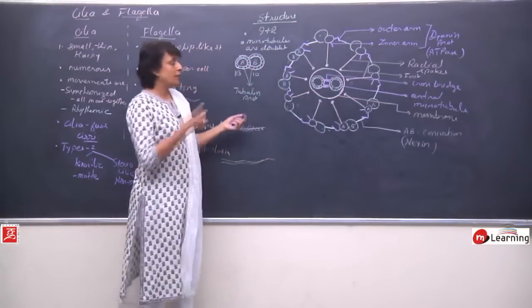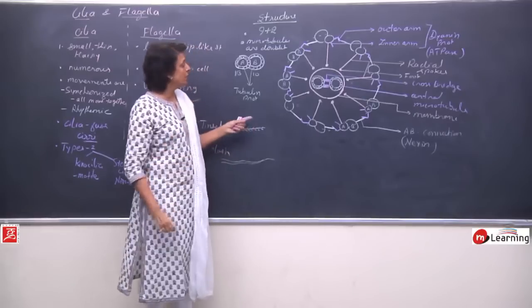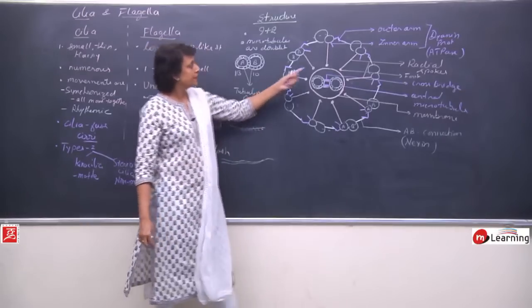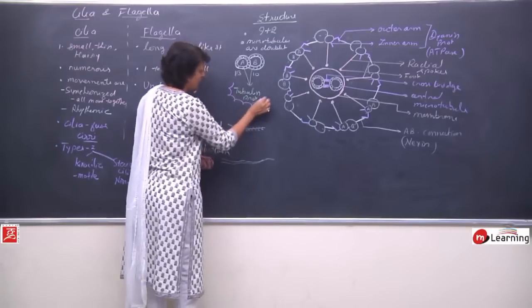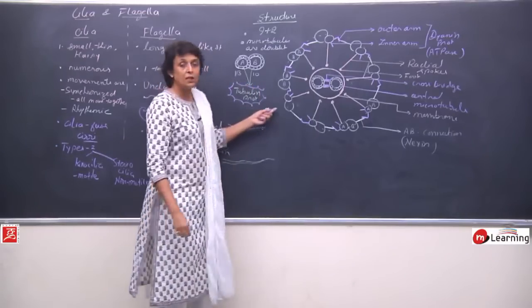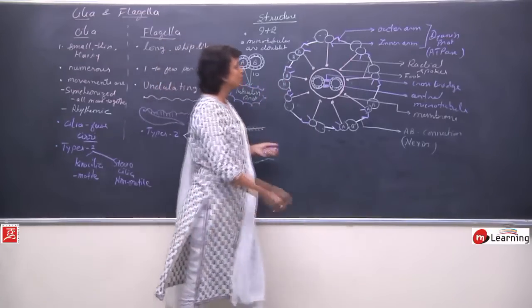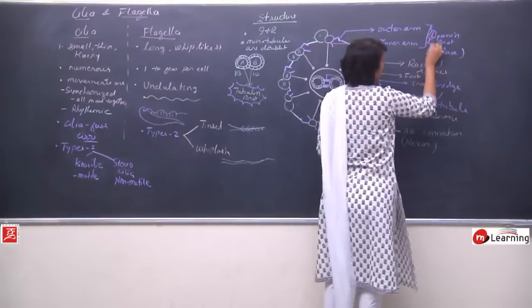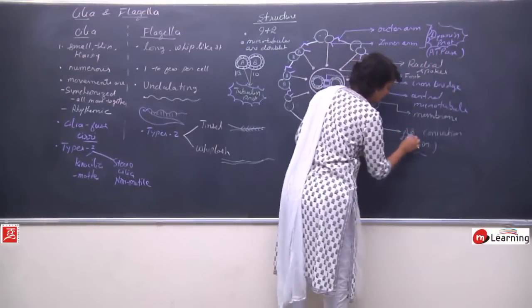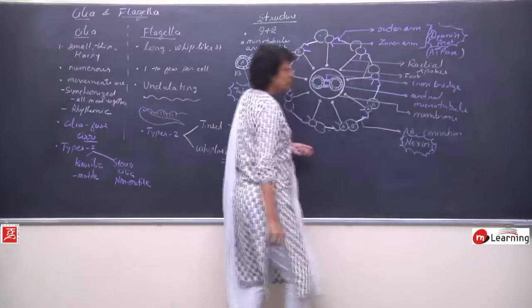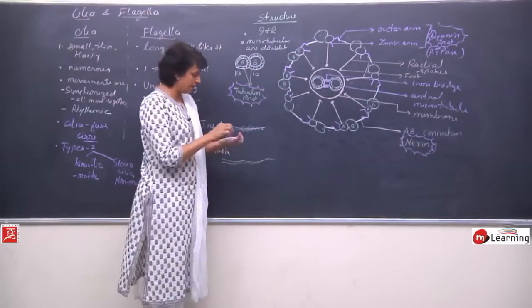So now there are three proteins which are found in this: tubulin, which is the major constituent of the microtubule, dynein protein, and the third one is this nexin protein. So these three important proteins are present here.